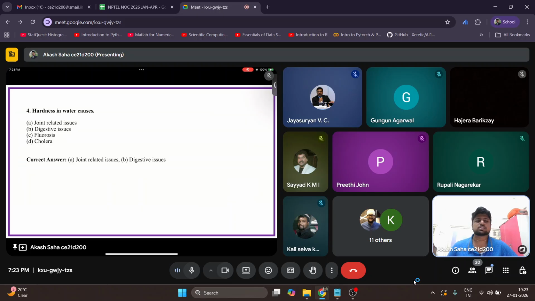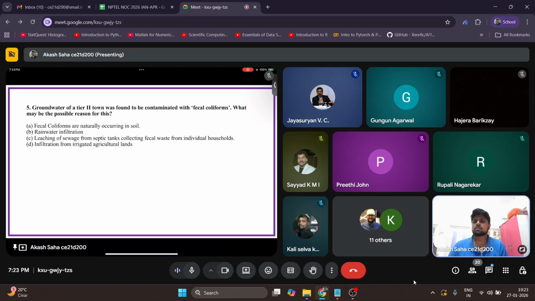So the fluorosis is caused by fluoride, and then we have cholera, which is caused by, as we saw in the first question, it's a waterborne disease. So hardness will cause joint related and digestive issues. Going to the next problem.